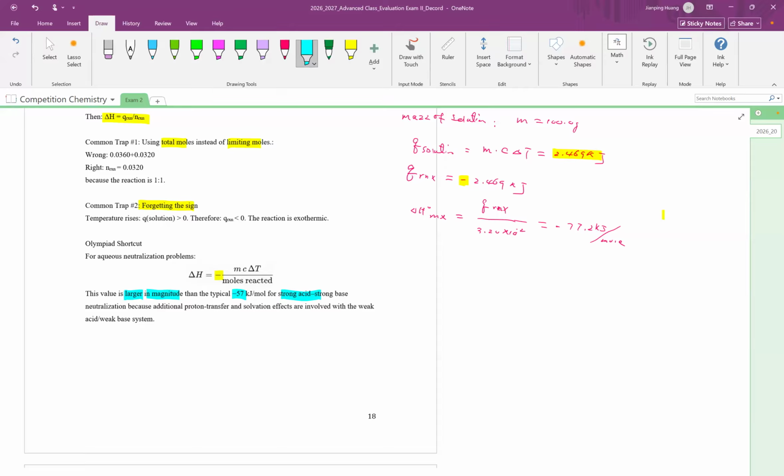But here it's much, much more. What's the reason? That's the reason here. I really want you to remember the reason, because it's a traditional proton transfer, also the solvation effect involves the weak acid, weak base. I want to stay here 1 minute.